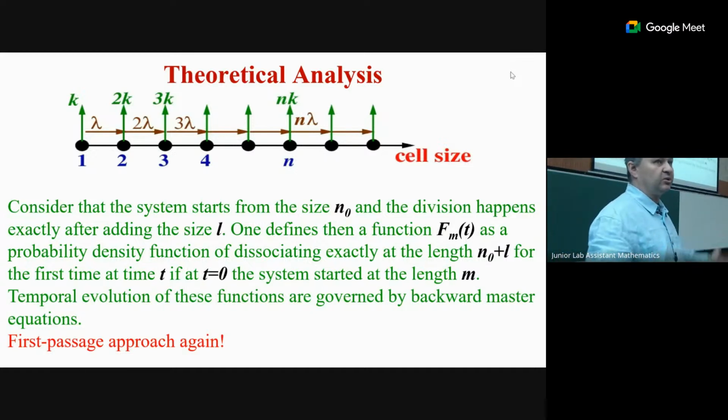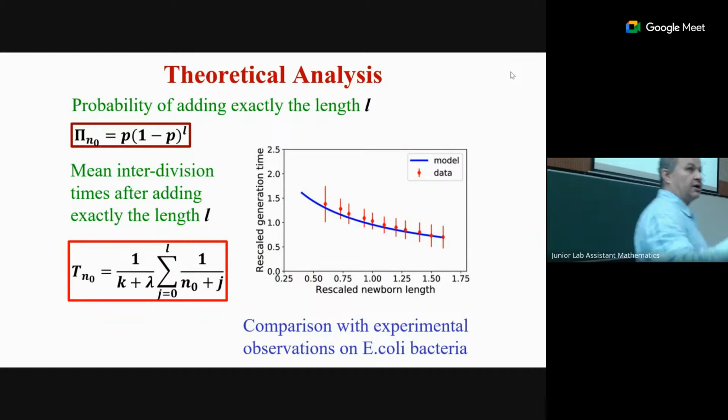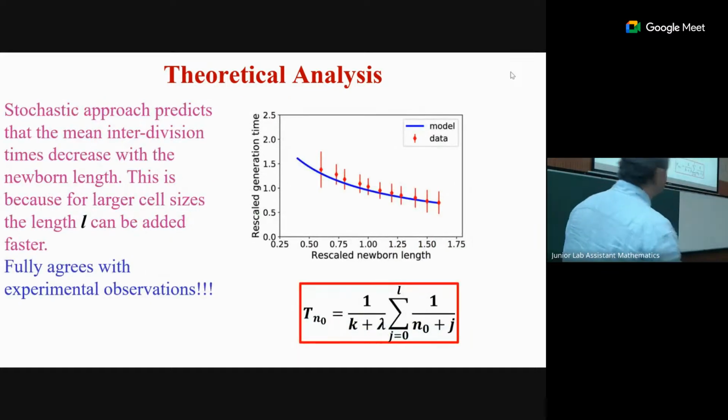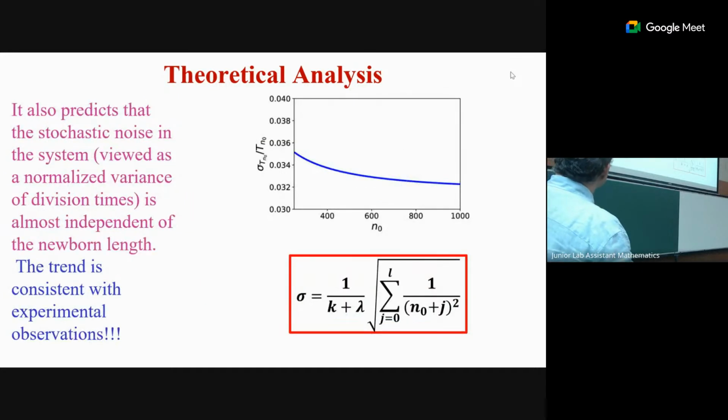So the model explains why this observation goes down. That's because if your newborn length is already larger, the overall dynamics of growth and division in the system is faster, and you can add exactly the same length sooner. Hope it's clear. Okay, so this agrees with experimental divisions.